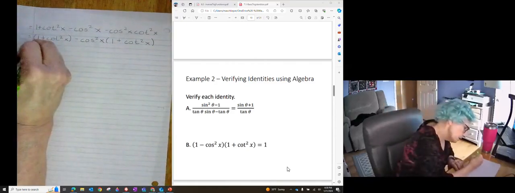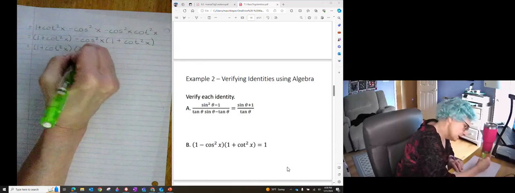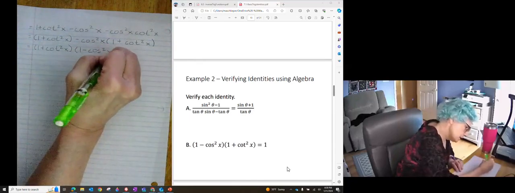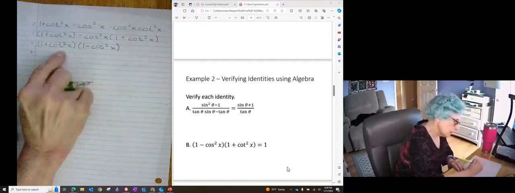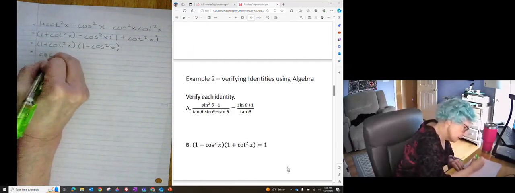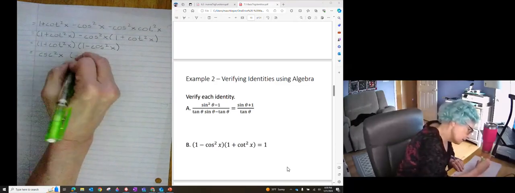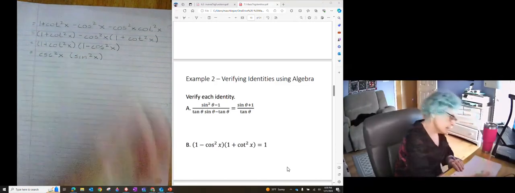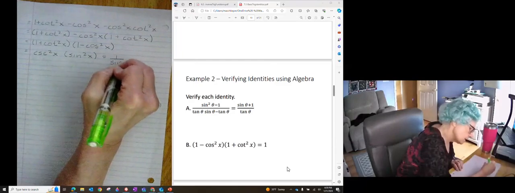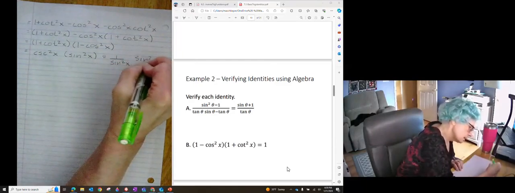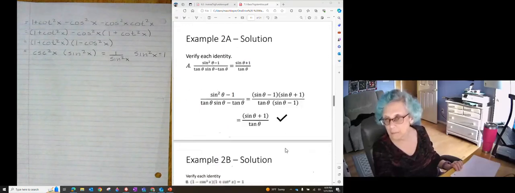Alrighty, so this is 1 plus cotangent squared of x times 1 minus cosine squared of x. Well, 1 plus cotangent squared is cosecant squared, and 1 minus cosine squared is sine squared. But cosecant squared is 1 over sine squared times sine squared, which is 1.